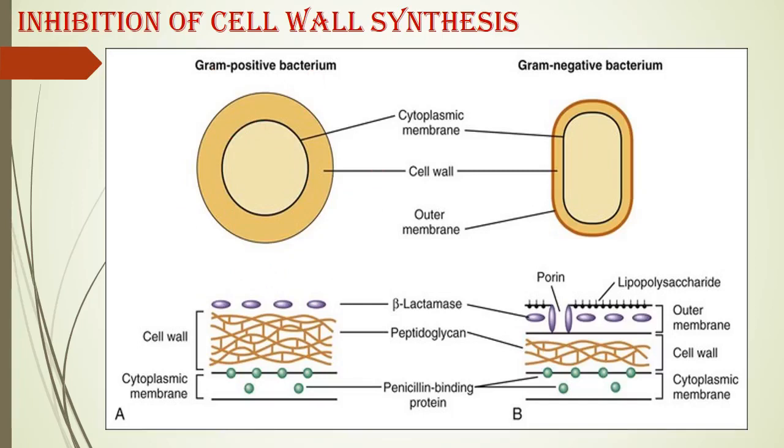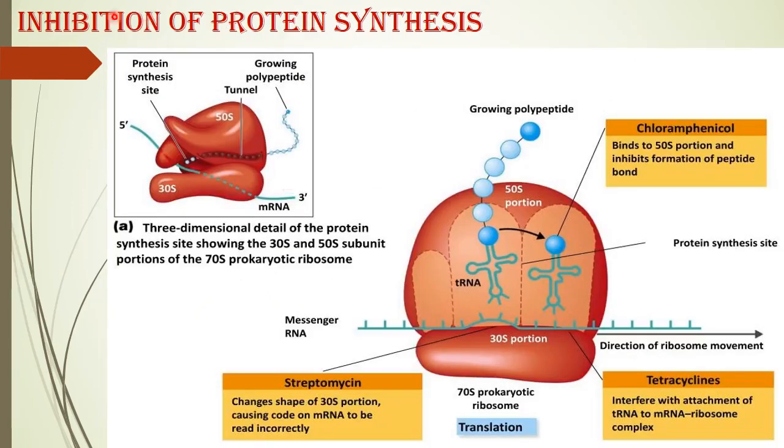Okay. So the next is the inhibition of protein synthesis. The protein is synthesized from the mRNA. And for protein synthesis, we require the ribosome. We know this one.